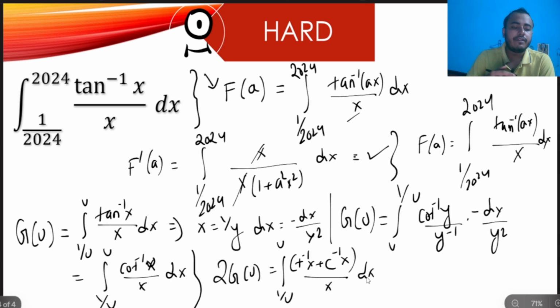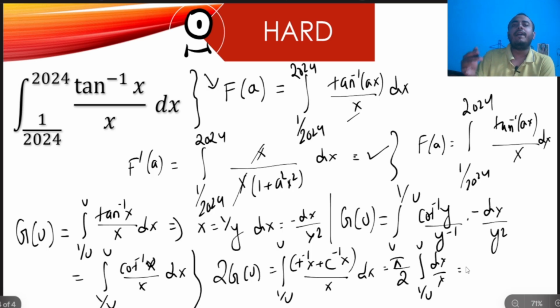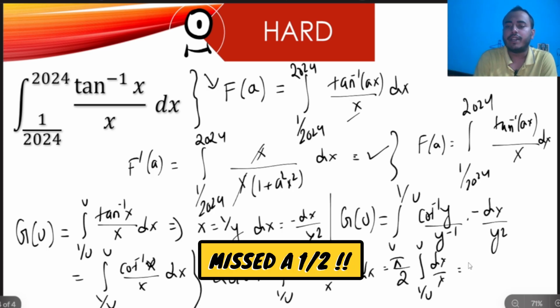But we note that tan inverse x plus cot inverse x is pi by 2, which gives me pi by 2 times the integral from 1/u to u of dx by x. If you do this, ln of u minus ln of 1/u, which is 2 ln u, you would get the answer as pi ln of u. Therefore, the answer to our actual question is pi ln of 2024.